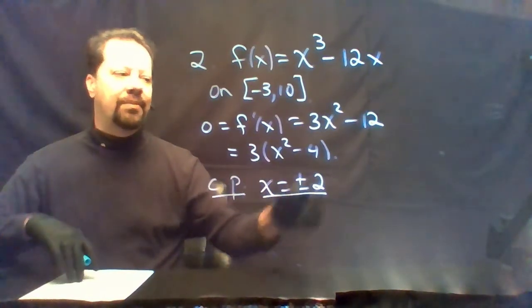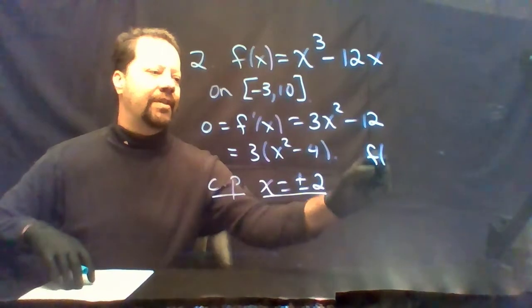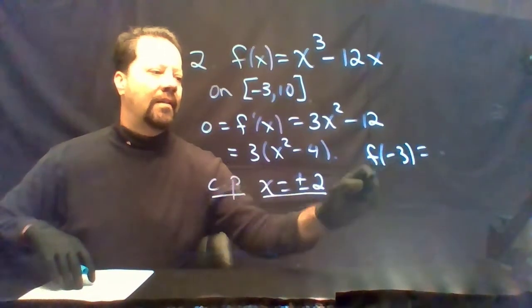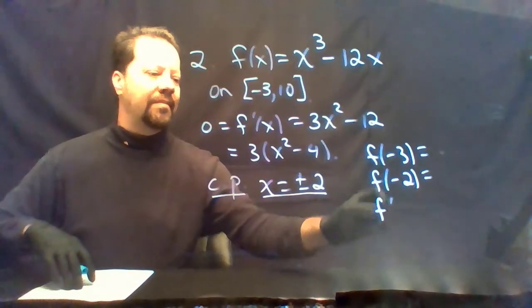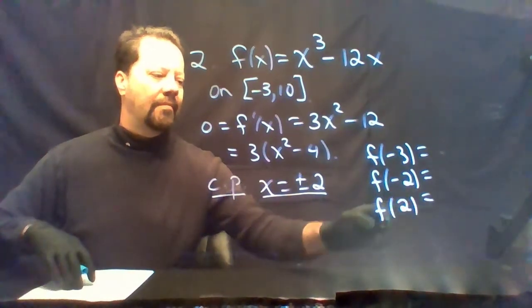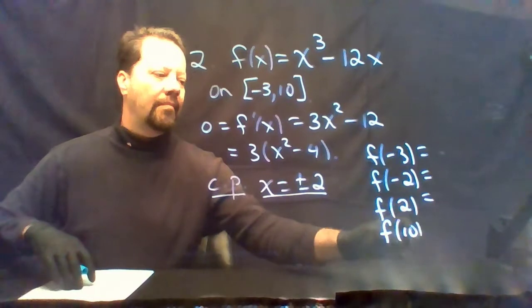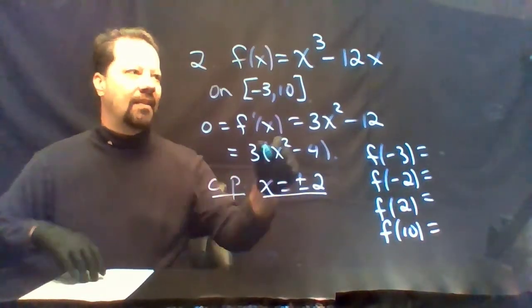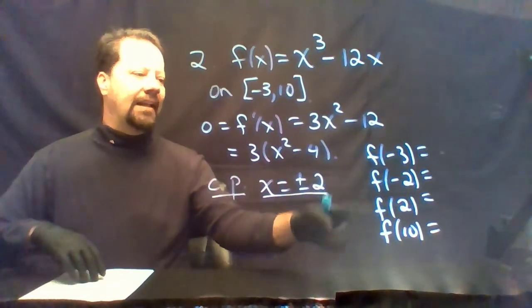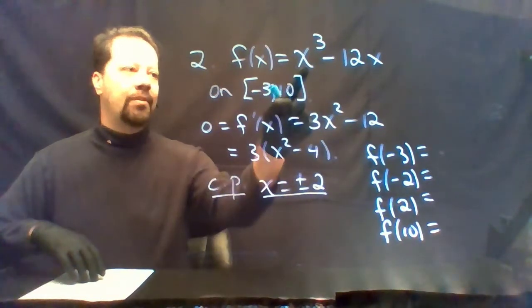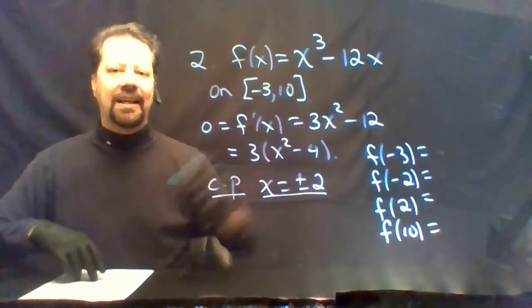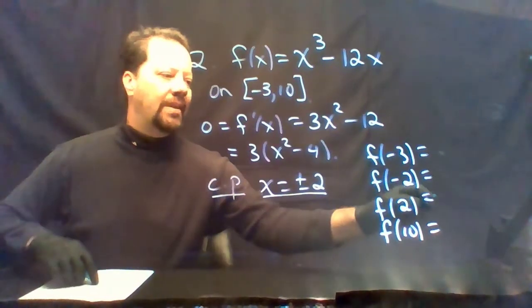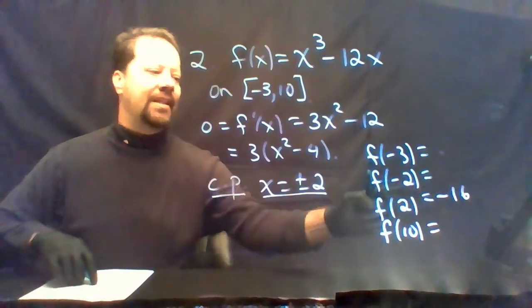All we have to do is evaluate the original function at the endpoints and at the critical points. All right, plugging in 2, cubed is 8. 8 minus 24 is -16. So at 2, we get -16.